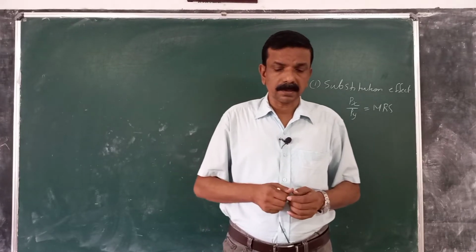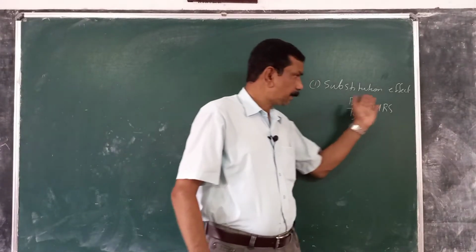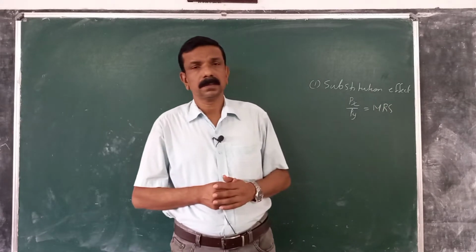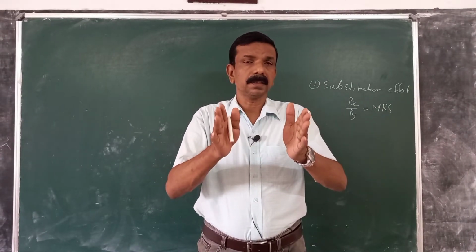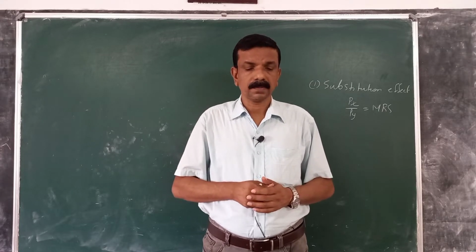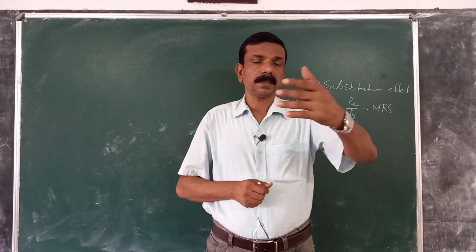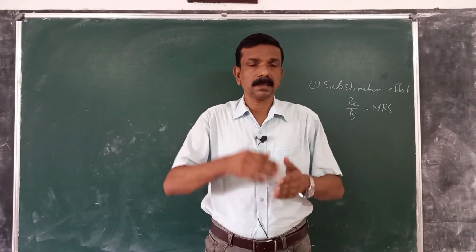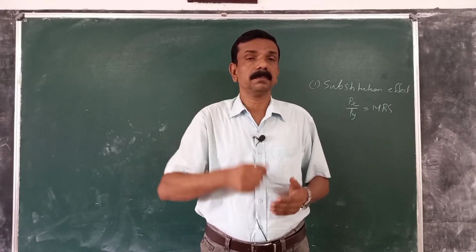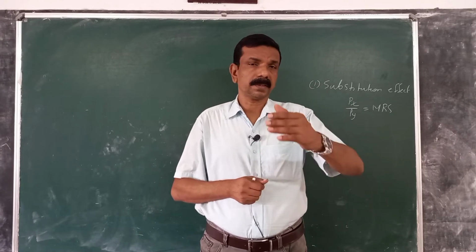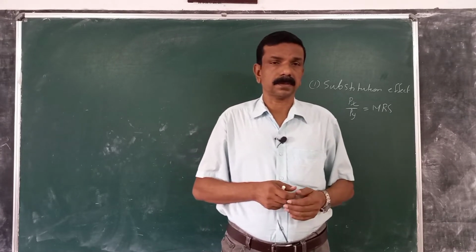The second effect is when the price of a commodity changes, it will affect the real income of the consumer. For example, when the price of a commodity decreases, the purchasing power of a given money income increases, or we will say that the real income increases.